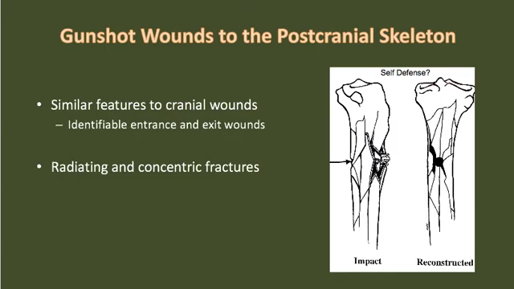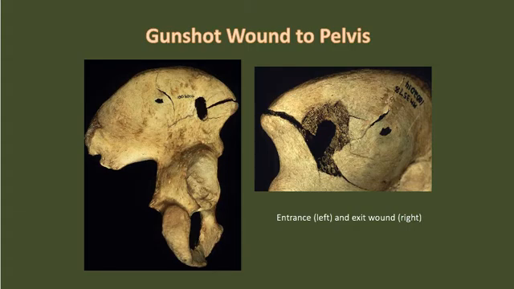So it's pretty easy if you reconstruct the fracturing, you can see pretty easily what those fracture patterns look like. Here is a picture of a gunshot wound to the pelvis. Same type of thing. We see the beveling on one side and a smooth round entry point on the other. So again, everything is kind of behaving in similar ways.